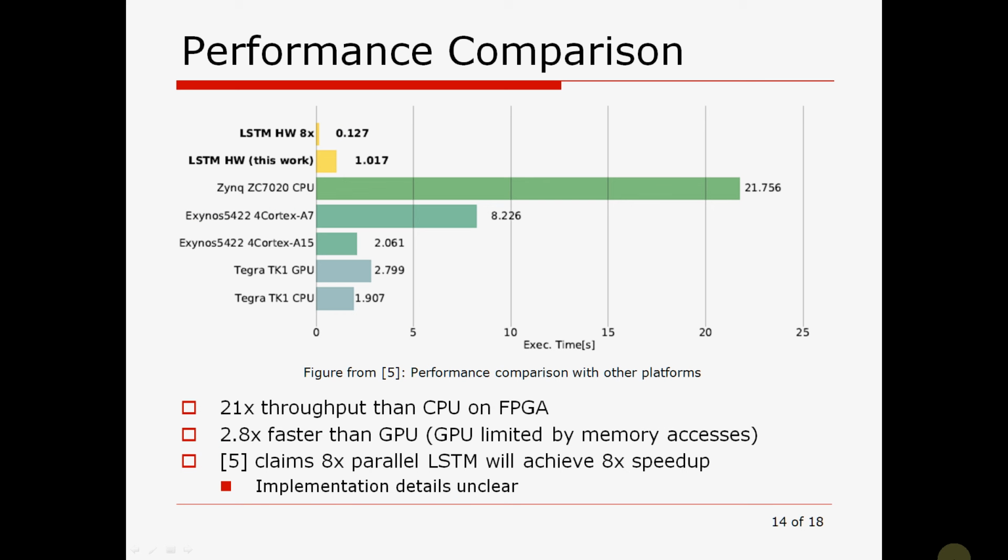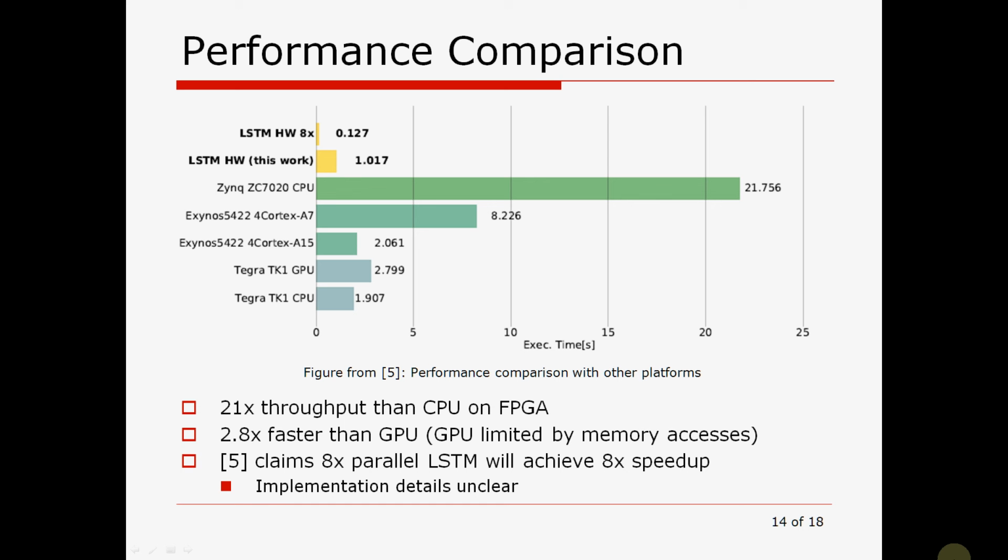The performance comparison I'm showing on this slide here: the second line in the graph, the LSTM hardware for this work, took about 1.0 seconds of execution time for 1,000 characters. Now the paper does claim that having 8 LSTM modules in parallel would reduce this by a factor of 8 to 0.1 seconds, but they're not clear about the implementation details.